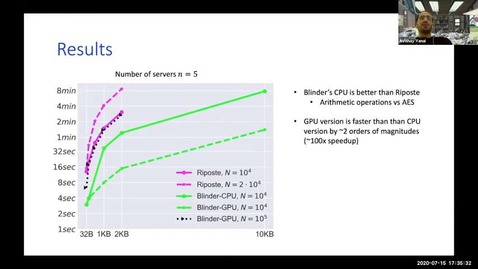While this is only a factor of 10 in the number of clients, the impact is a factor of 100 in the computational complexity, because the computation in Blinder increases quadratically with the number of clients. So this means that we have about a 100 times speedup by implementing Blinder over GPU, which makes it the fastest solution in the client-server model.